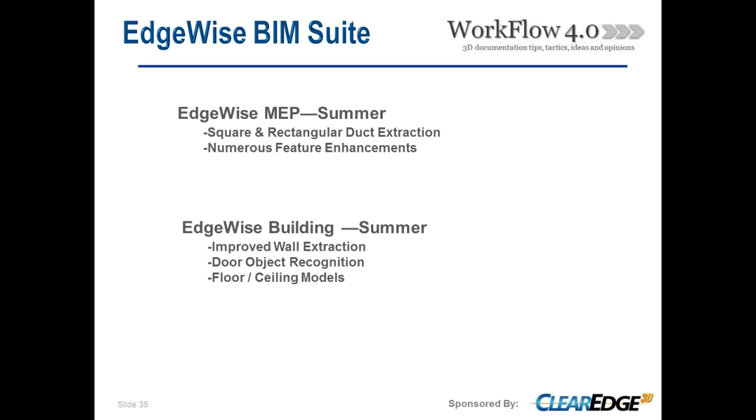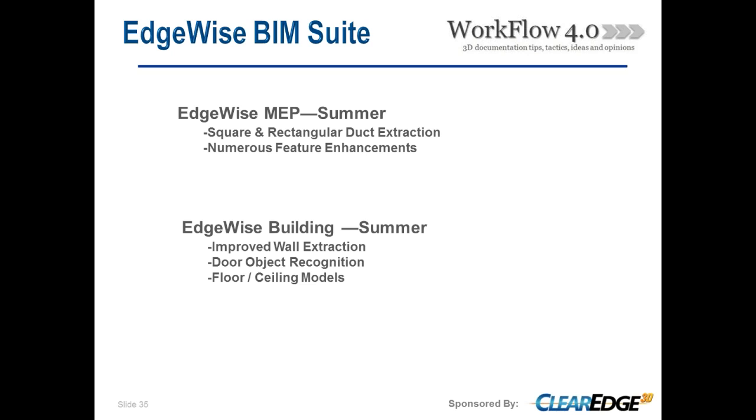And then on the building side of things, we're working on improved wall extraction to help with some of the issues that Mark was talking about, things like extracted doors. I think we can eliminate those. We can make it more robust for huge projects, and just make the software more applicable to more projects.